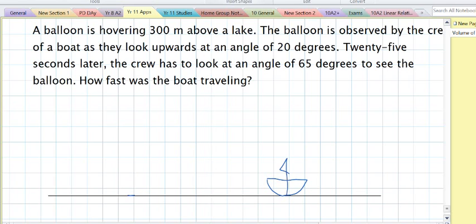So an angle of 20 degrees is about out here, yes? It doesn't matter which side you do it. And this is our little balloon at the start. Yeah, hot air balloon, sure.